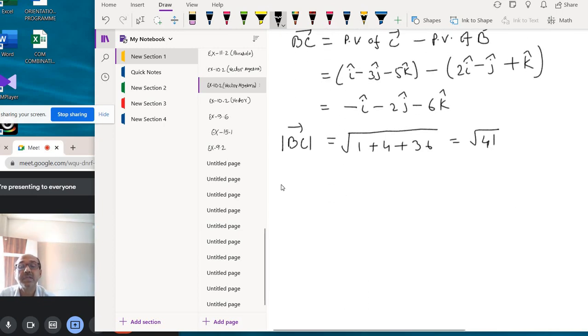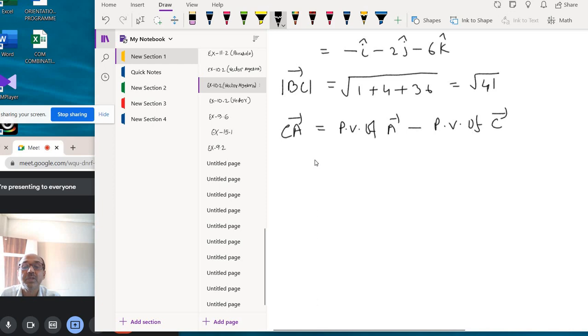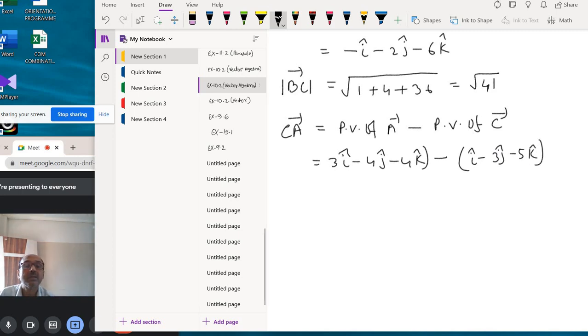Now CA vector, CA equal to position vector of A minus position vector of C. This equal to position vector of A, that is 3i minus 4j minus 4k, minus C vector, that is i minus 3j minus 5k.